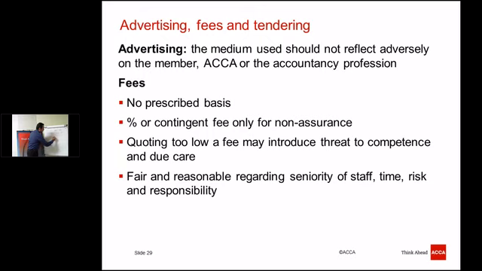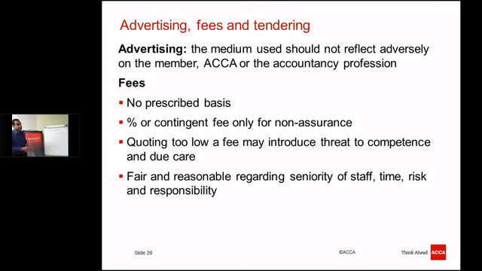And there are particular rules with regard to advertising, what can and cannot be done. Although there is no specific guidance on what would constitute ineffective, inadequate, or inappropriate advertising and what would not, there are broader principles that need to be followed by all professional accountants in public practice.